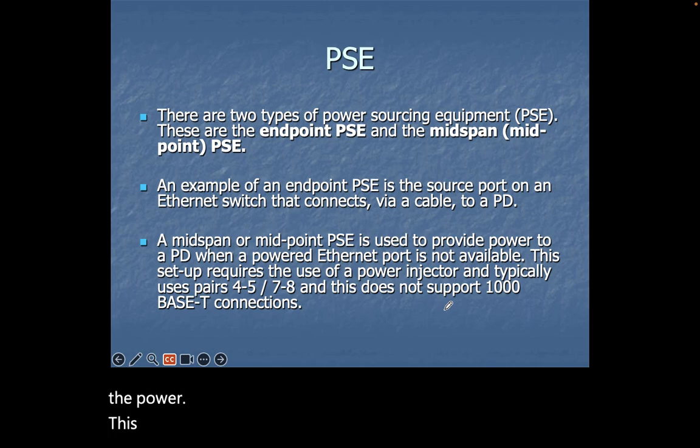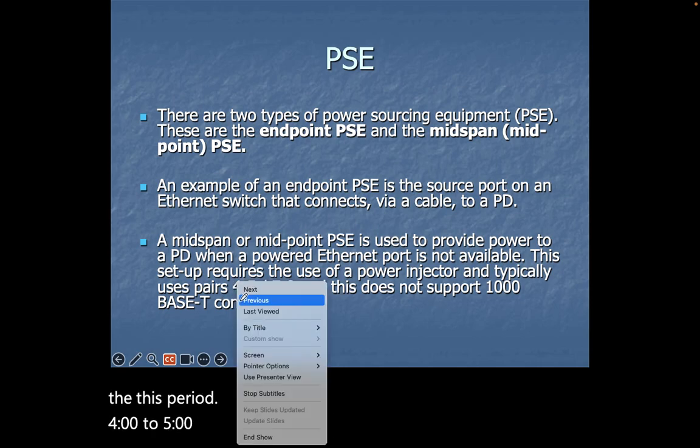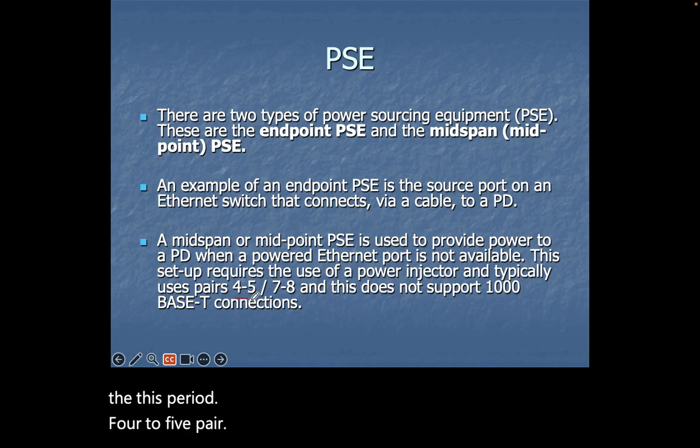This setup requires the use of a power injector, and typically uses the pairs 4 to 5 and 7 to 8. So the midpoint uses pairs 4 to 5 and 7 to 8 in the network.